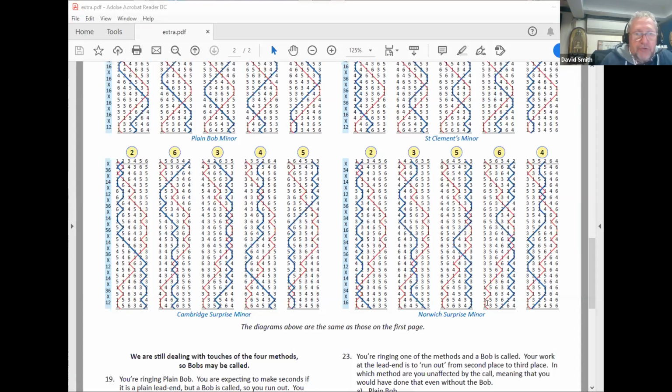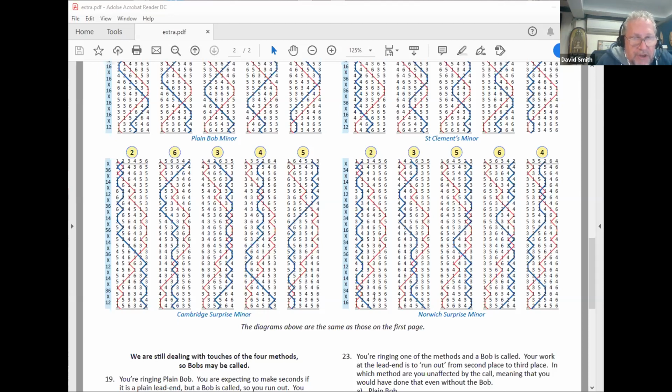If we look at Norwich, this was the last question, there isn't anywhere where I make seconds. However, it might be that it would actually be the first lead end for the 2. I'd mess around doing whatever complicated stuff you do in Norwich. Here I come, I'm expecting to go from seconds place to thirds place, but there's a bob. What happens as a result of the bob? A bell makes fourths.